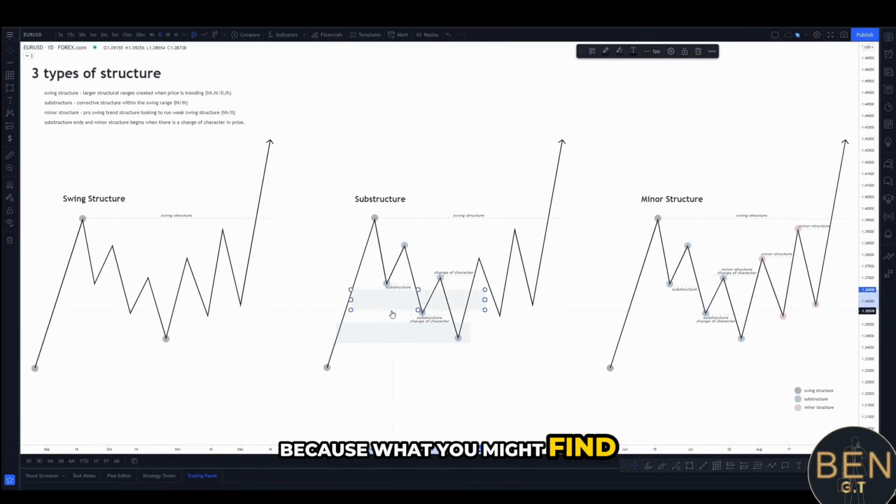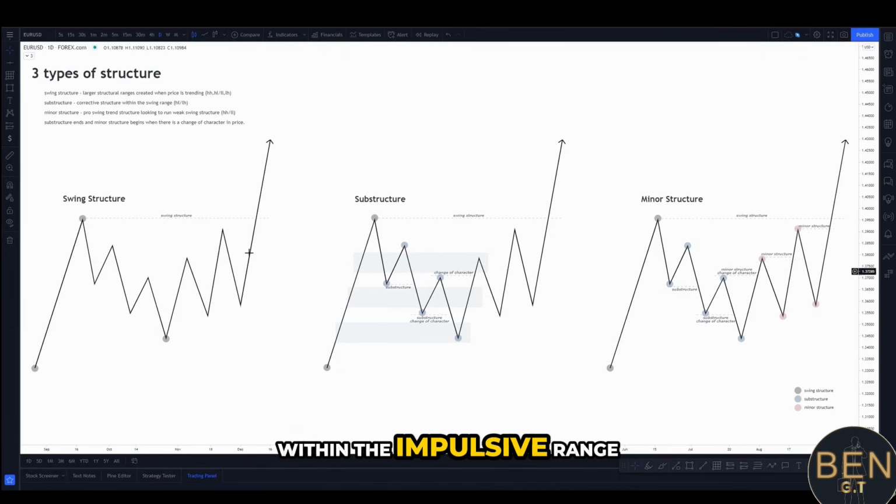Because what you might find is there might be a few different demand zones within the impulsive range, and it's all about understanding the substructure initially as price is continuing to correct to the downside in a bull trend. And again, you can look to enter on any of these demand zones if you wish, but looking for extra confluence, price tapping into a demand zone and seeing that change of character is going to give you the best insight in terms of framing up and building a trade.